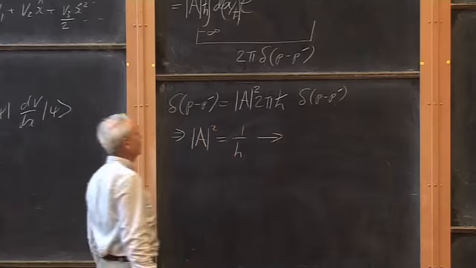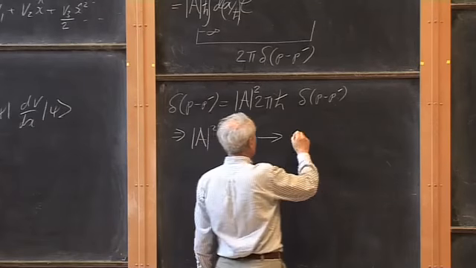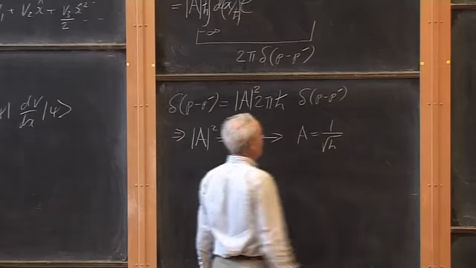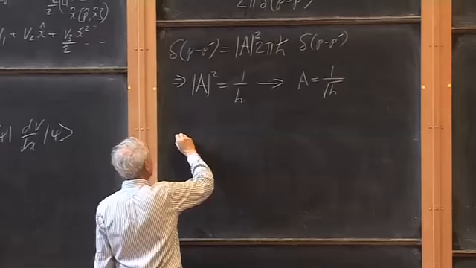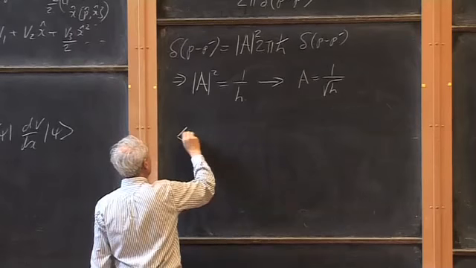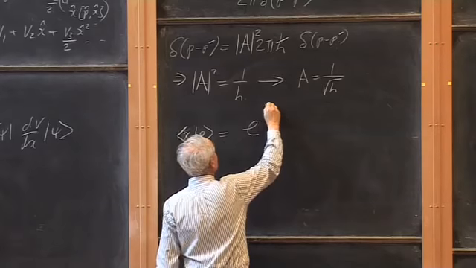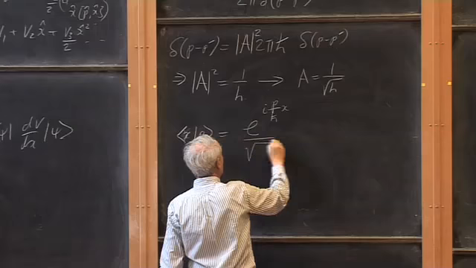And the phase of a is unimportant, so we're entitled to take it to be real. So what we do is we choose a to be 1 over the square root of h, not h bar, but h. So that means that the correctly normalized x p wave function is e to the i p over h bar x over the square root of h.